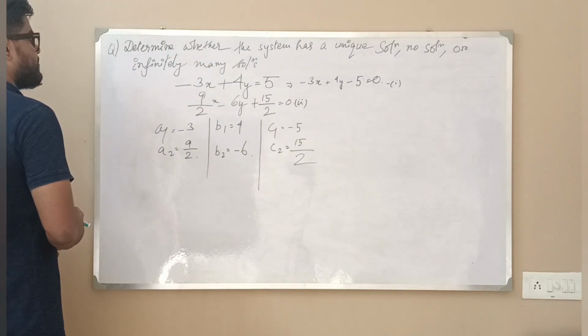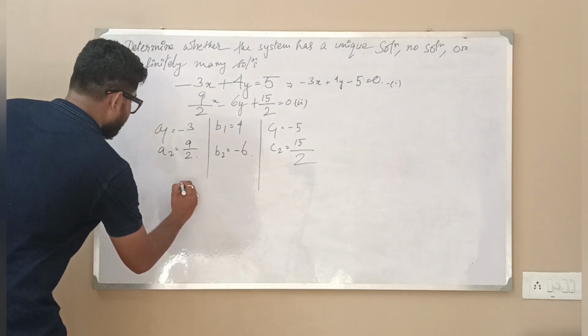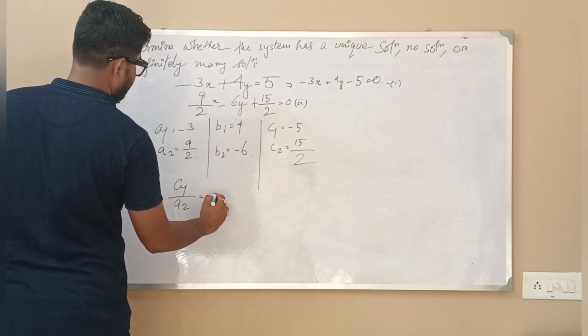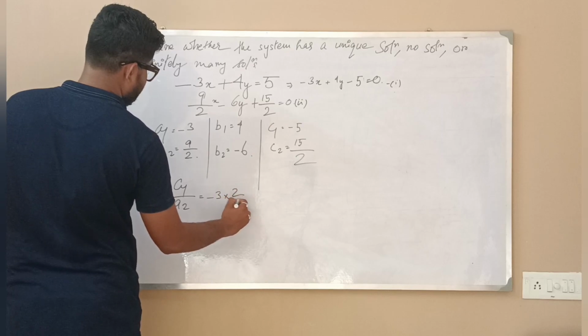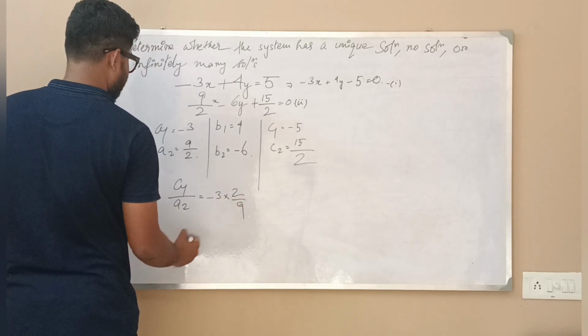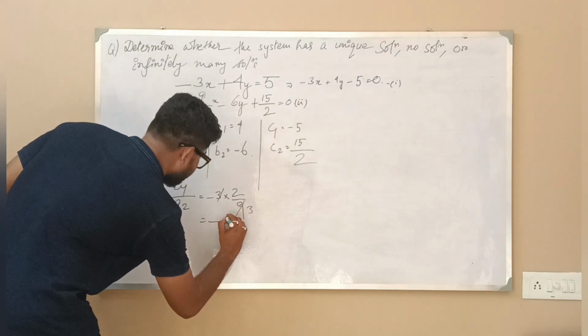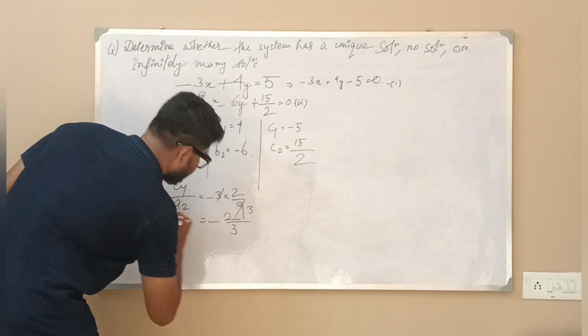Now from this part we'll find out a1 by a2, that is minus 3 into 2 by 9. It will give us minus 2 by 3.